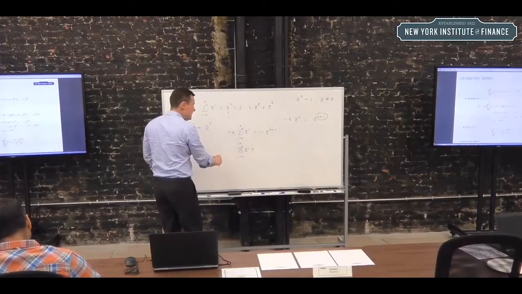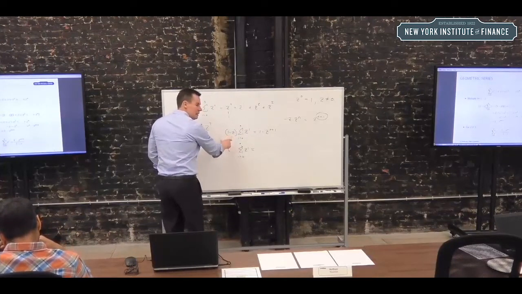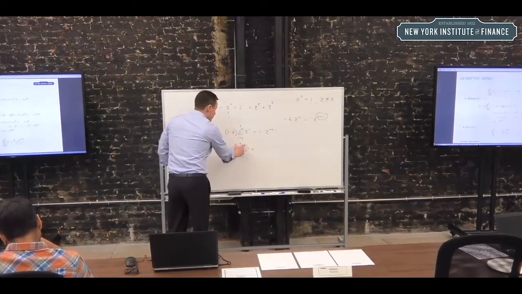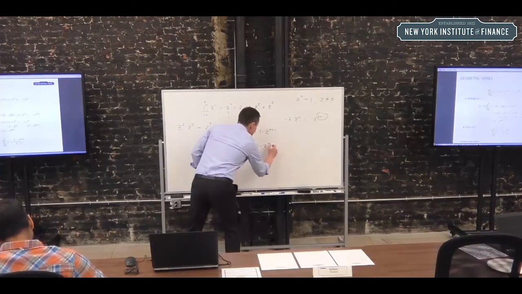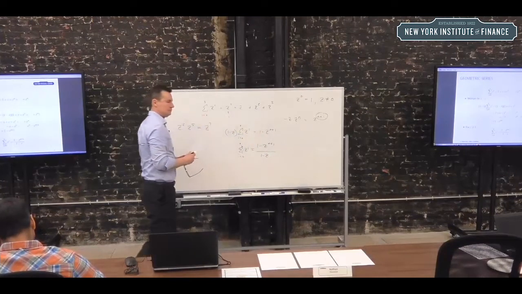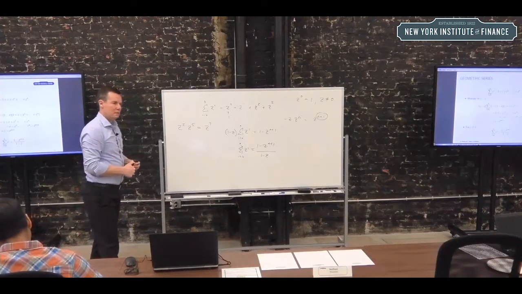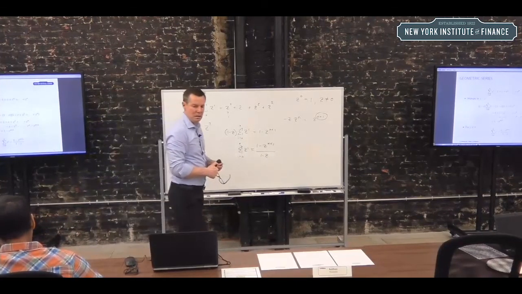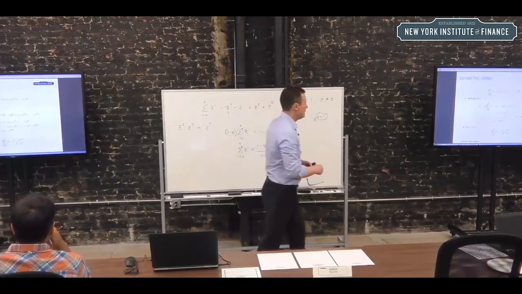Well, that's easy. This should have a bracket around it. In order to get this by itself, you just have to divide by 1 minus z. So do the same thing on both sides, and you get what you want. Does that make sense?